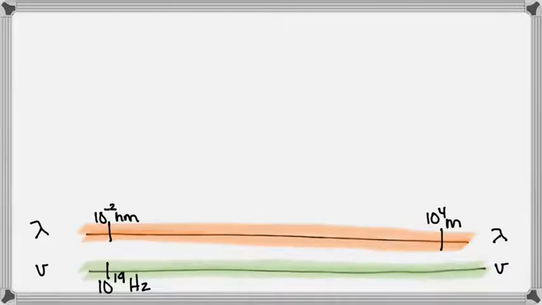And on the other end of that, we have 10 to the 5th hertz. So you should know that 10 to the 19th is a much larger number than 10 to the 5th. That's what we have here as far as our extreme outsides for hertz.